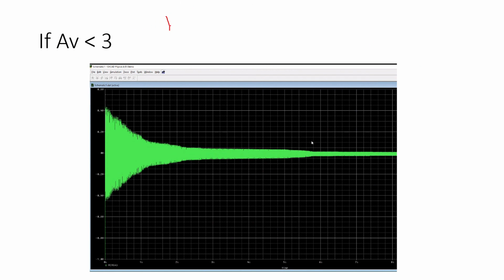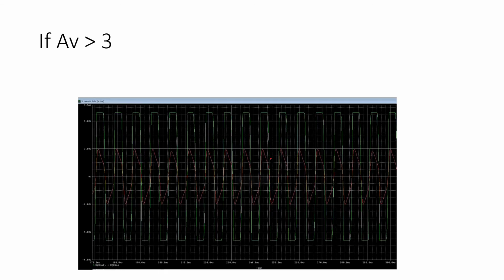This is what happens if you put RF divided by R3 less than 3. It will oscillate, but it will go to 0, or the signal will be damped. It's not a stable oscillation, so that's why we have to take the threshold 3.